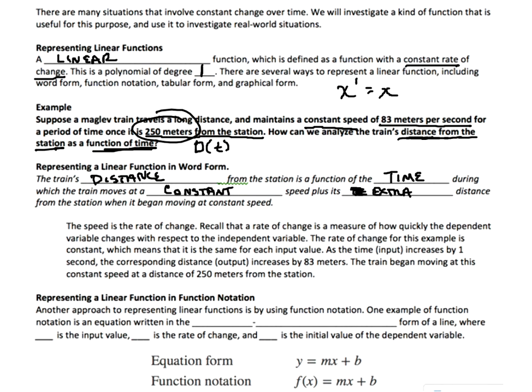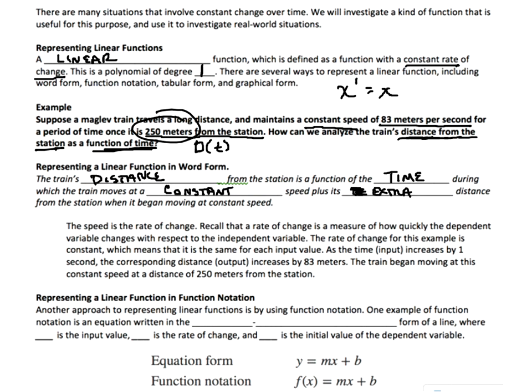All right, so here's our situation. Remember again, speed is the rate of change. Recall that a rate of change is measured on how quickly the dependent variable changes, that's your y values, with respect to your independent variable, your x values. The rate of change for this example is constant, which means that it is the same for each input value.